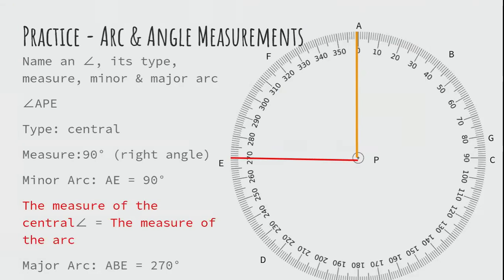Now, it depends on the type of central angle you have which one, the minor arc or the major arc, will be a central angle. But it may not be a central angle, and we're going to discuss that depending on what you all choose. But here, the measure of the angle and the measure of the arc are the same if it's a central angle.